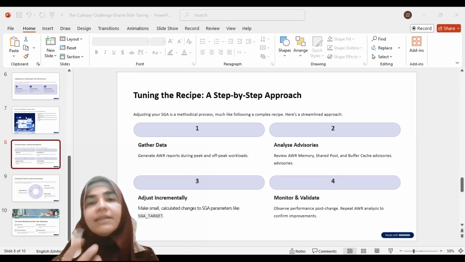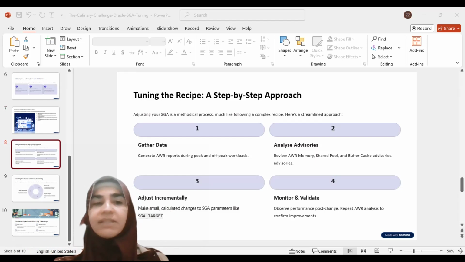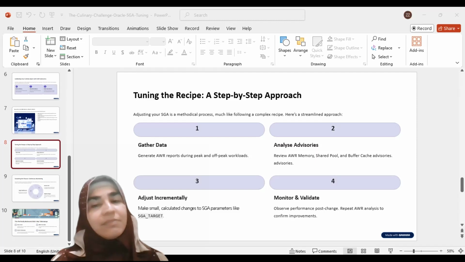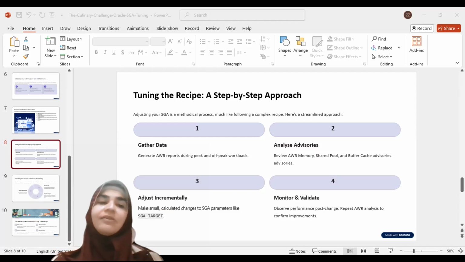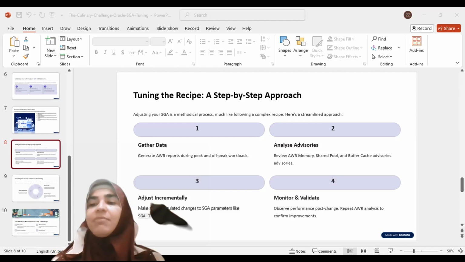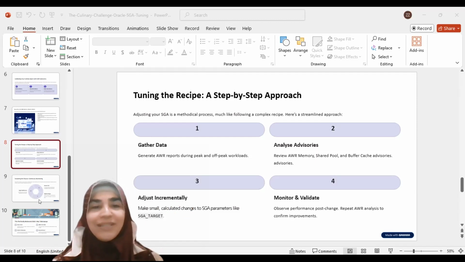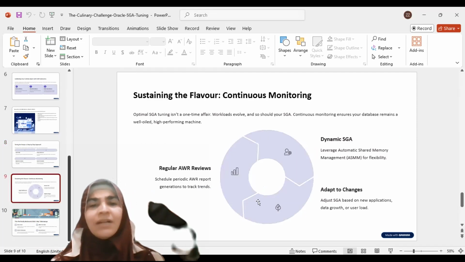Step 4, monitor and validate. Rerun your AWR reports and confirm improvements. So remember, like in cooking, taste as you go, make small adjustments, check the results, and then refine again. By the time I am done cooking, my stomach is already full because I keep tasting the food all the time, checking if the salt and the chili powder are okay. So continuous monitoring for us is the key.